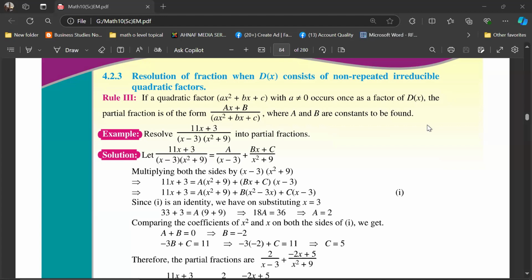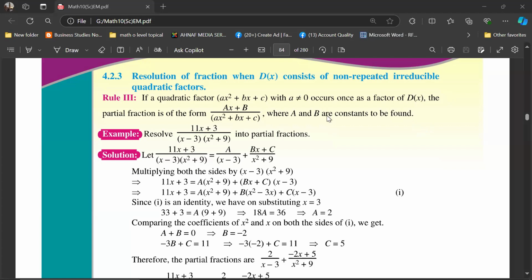Today we will learn the partial fractions of such type of fractions in which the denominator contains non-repeated irreducible quadratic factors and linear factors.